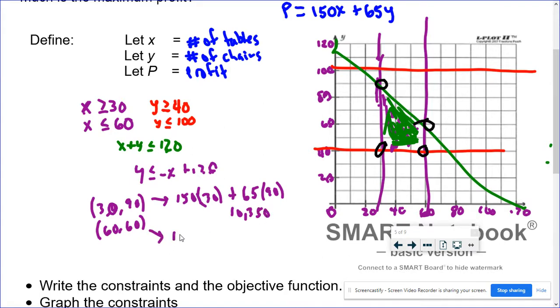Do the same thing for 60: 150 times 60 plus 65 times 60. When I type that in the calculator, you get 12,900.